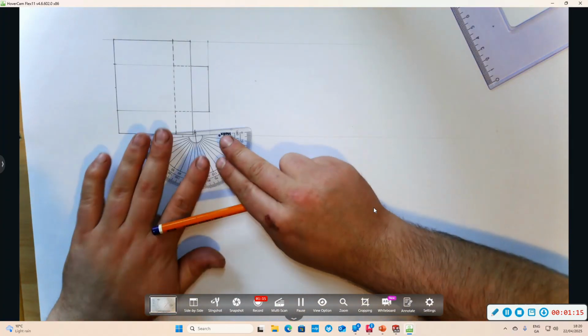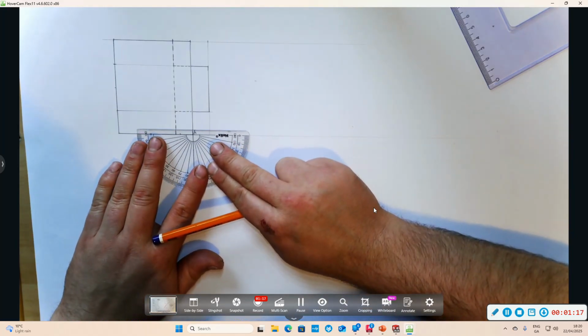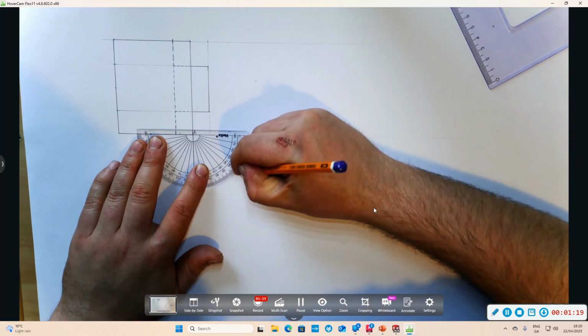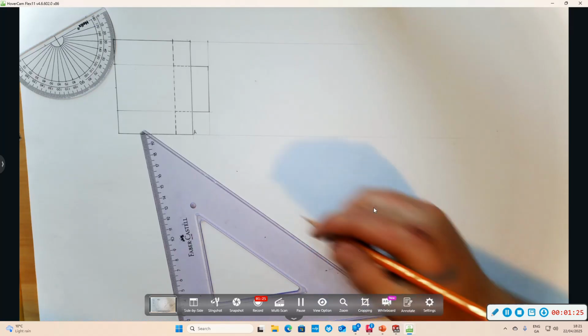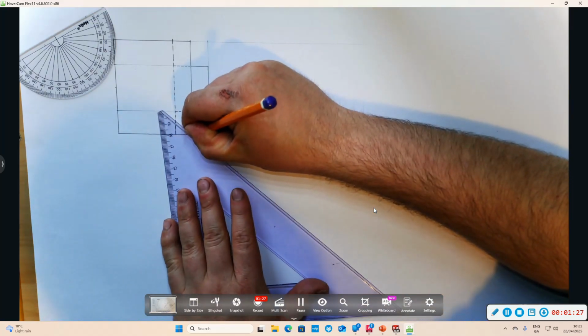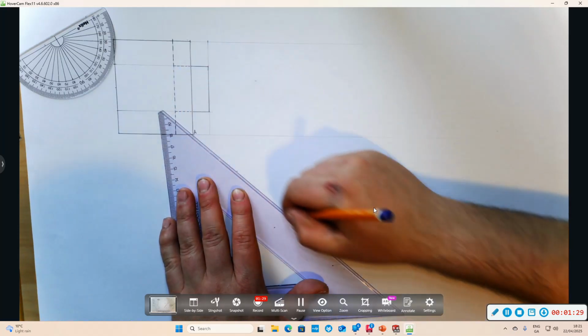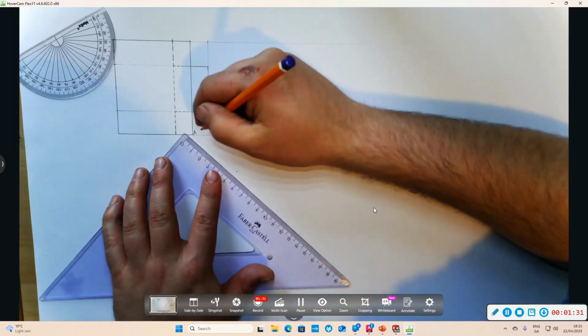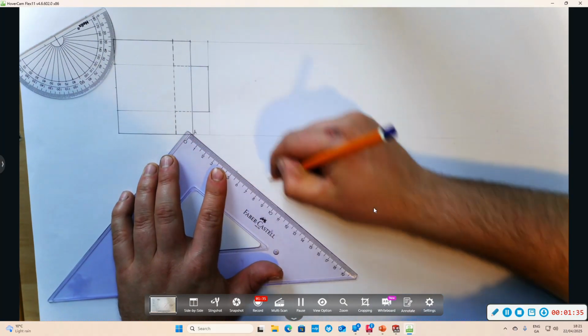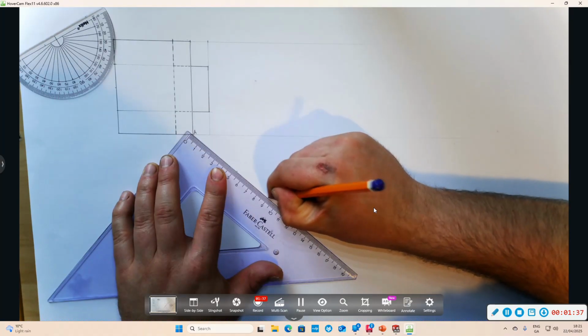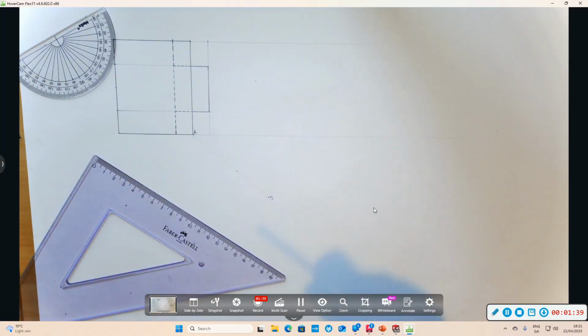Light line there. We get our protractor, and we're going to measure 40 degrees. So we're going to draw a line along that. And then we're going to measure 90 millimeters on that line. And this will be where the spectator is. So that's the spectator in plan.